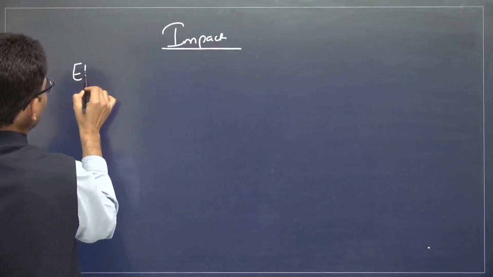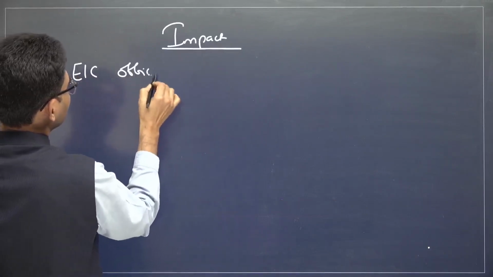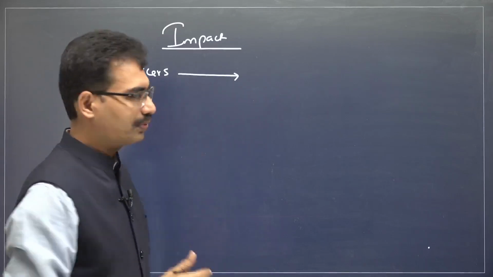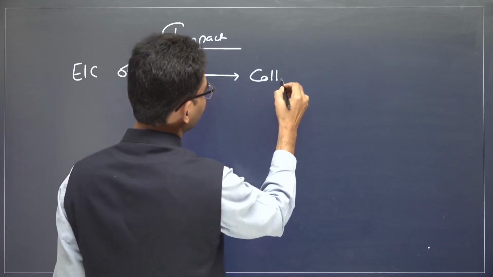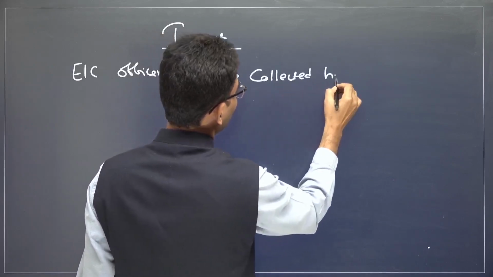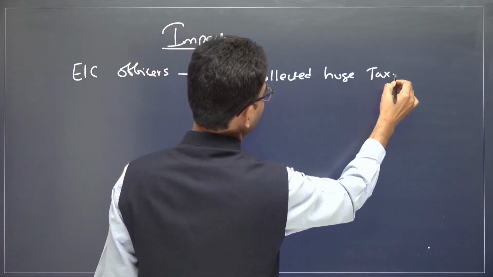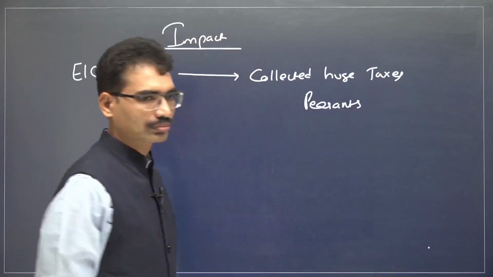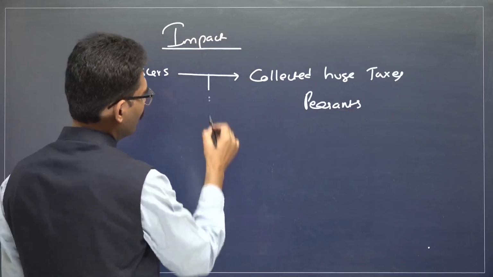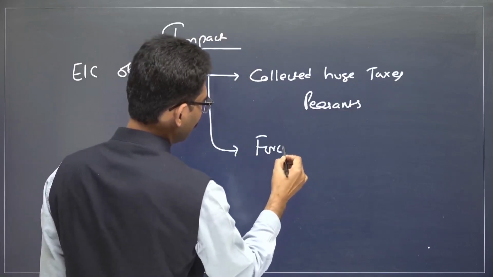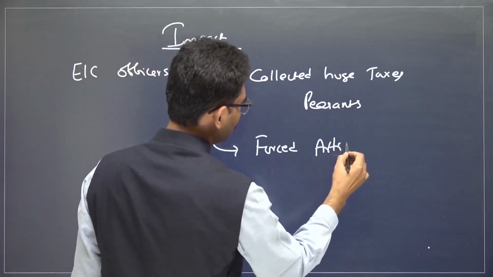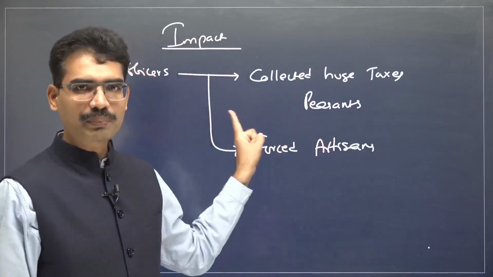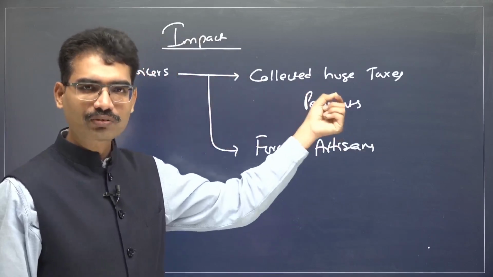East India Company officers at the ground level, through the Indian officers, collected huge taxes from peasants, and they forced artisans to manufacture whatever the East India Company wanted, because now they are powerful people.